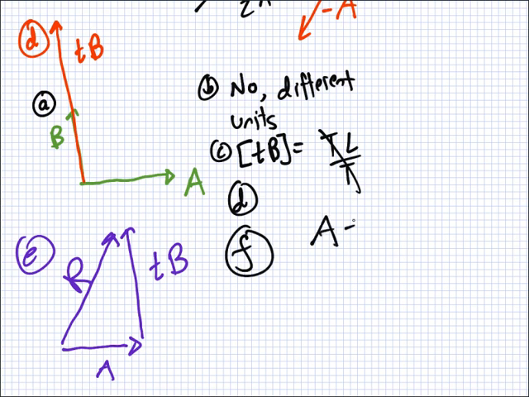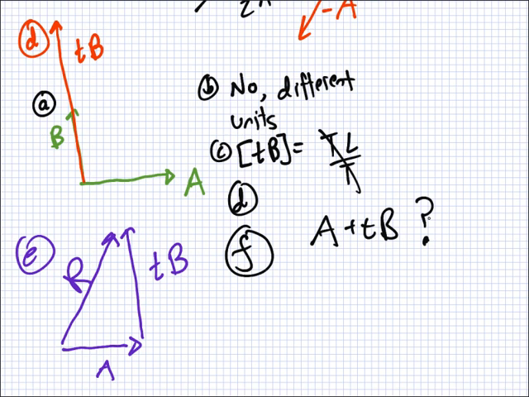What does A plus TB represent? If you were to give it an explanation with a story, for example, what was A? 5 kilometers east, wasn't it? So maybe A represents where your friend is, 5 kilometers east. And B was 5 kilometers per hour north. So what could B represent?